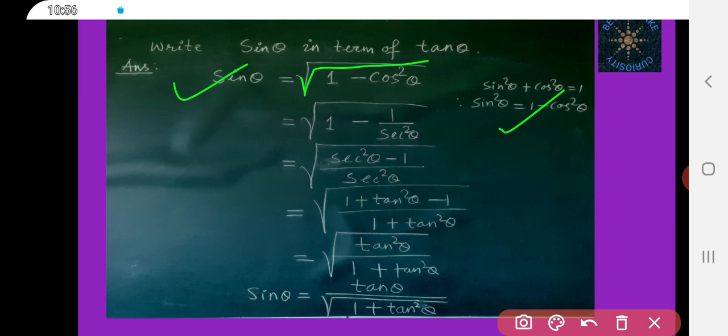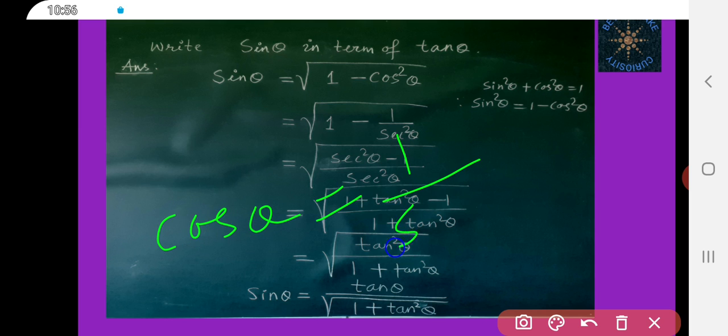So here you can write sin theta is equal to the square root of 1 minus cos square theta. And you know that cos theta is the reciprocal of what? Sec theta, you know it, yes or no? So you can write cos square theta is equal to 1 by sec square theta.